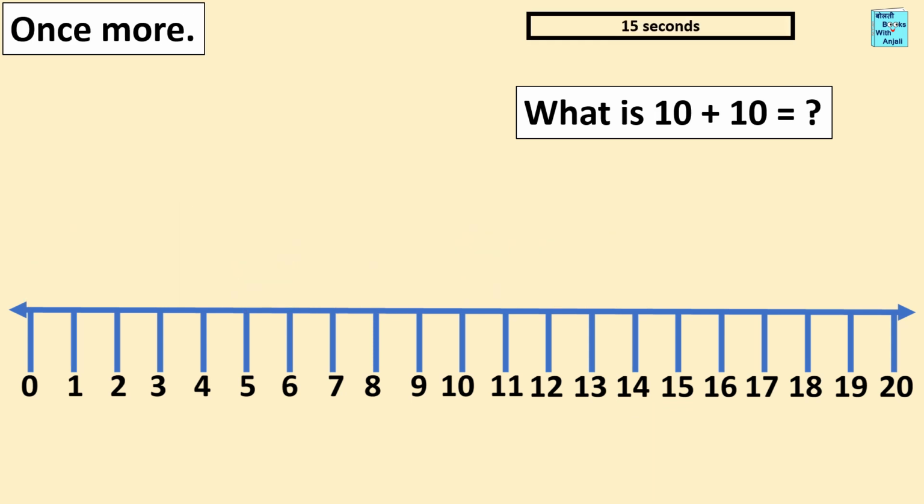Last question for today. 10 plus 10 is equal to what? At what position the person will stand? How many times that person will jump? And in which direction that person will jump?